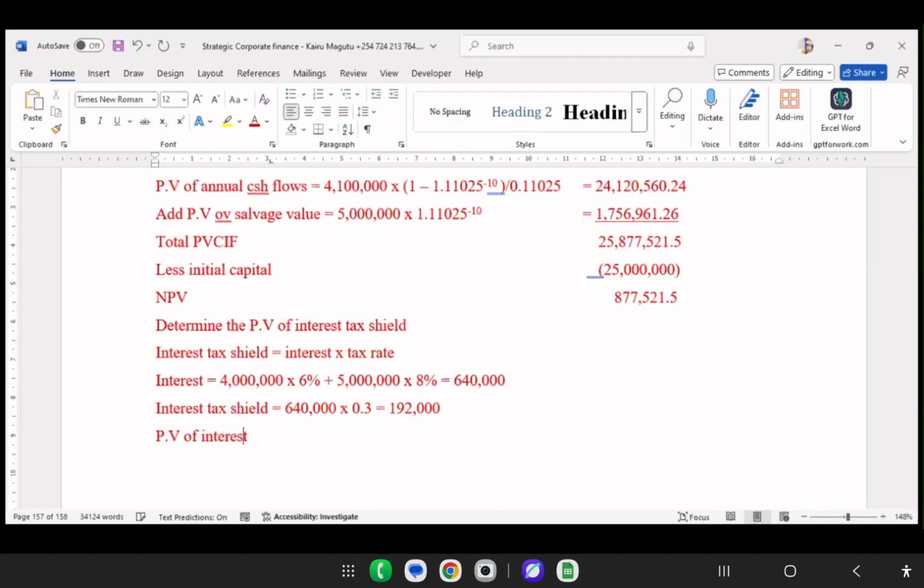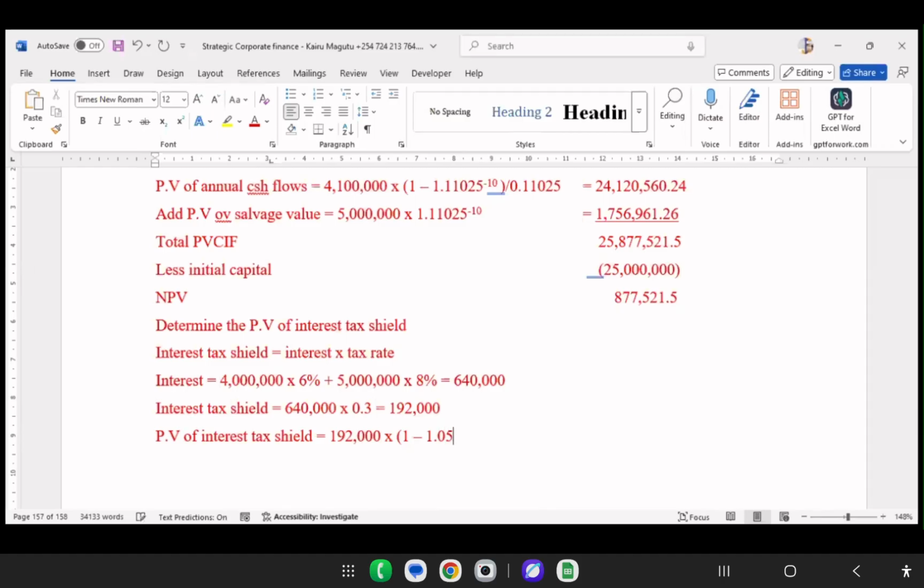The present value of the interest tax shield, this one will be done annually, 192.